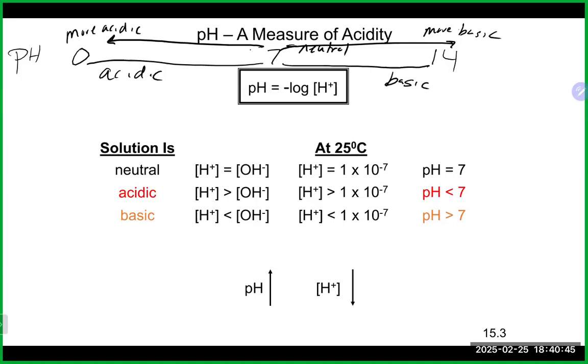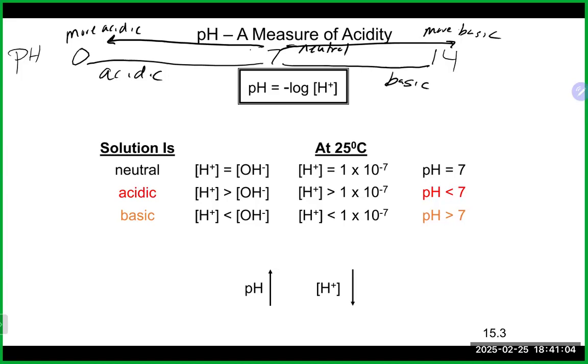If it's acidic, then as we talked about, we have a higher H plus concentration than OH minus concentration, and that would result in a pH that is less than 7. If it's basic, we would have a greater hydroxide concentration, OH minus, than H plus, and that would get you a higher pH than 7.